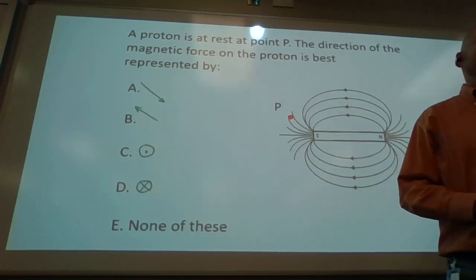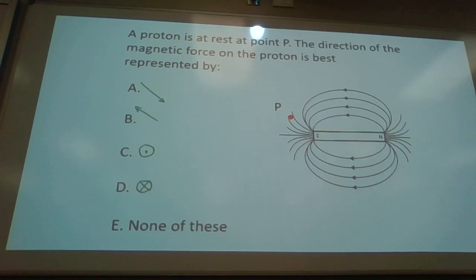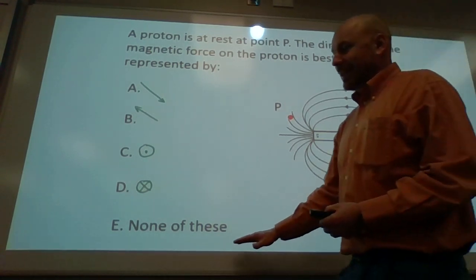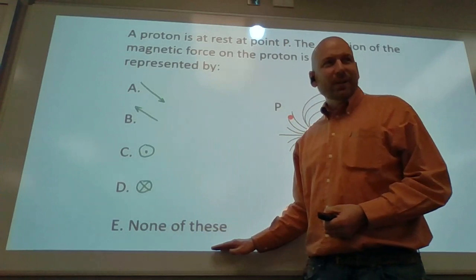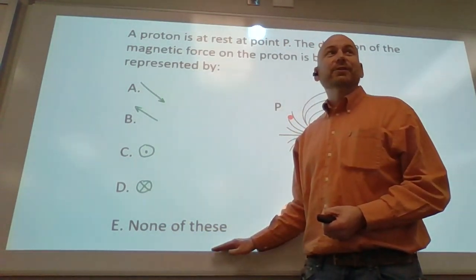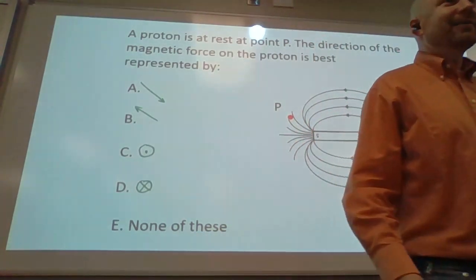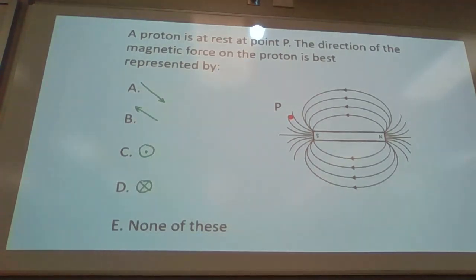If it's not none of these, what is it? Wait, you said if it's not none of these, it's not E? No. It is none of these. E is the choice that's given. So if this is a free response, what would the answer be?